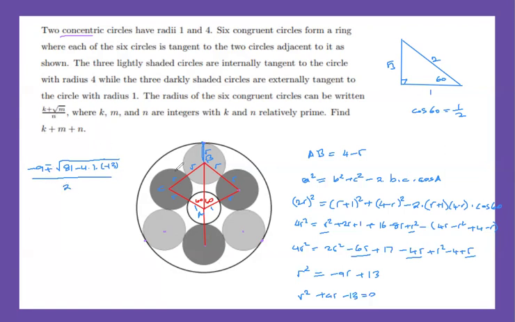Since we know the radius has to be positive, we should take the positive version. So we will get negative 9 plus the square root of 52 plus 81, so if you add that, you will get 133, and this is divided by 2.